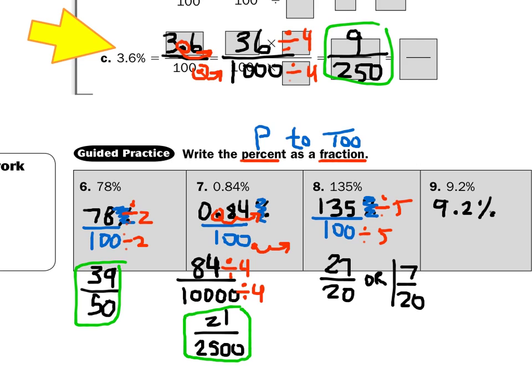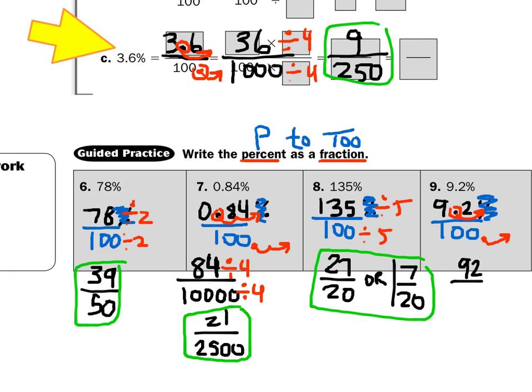And then for number 9, I have 9.2%. So first we got to make it look like a fraction. So I'm going to grab my blue and put it per 100. And when I do that, I get rid of the percent symbol. And then I'm going to grab my red. I'm going to make that top number a whole complete number. So move the decimal point 1 place to the right. Then I have to match that on the bottom, move the decimal 1 place to the right, and I rewrite my fraction.